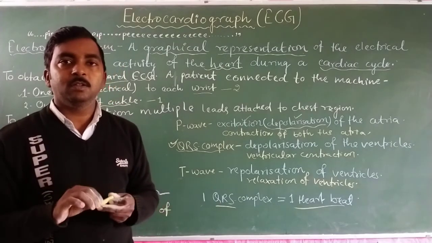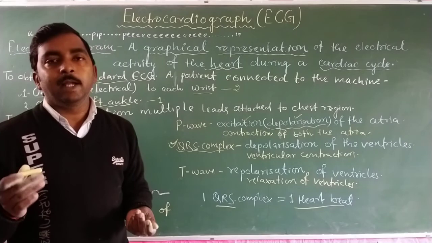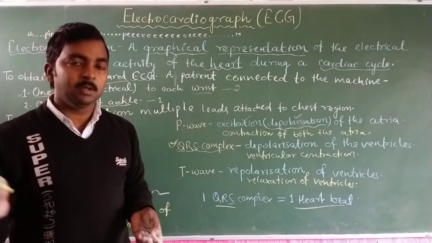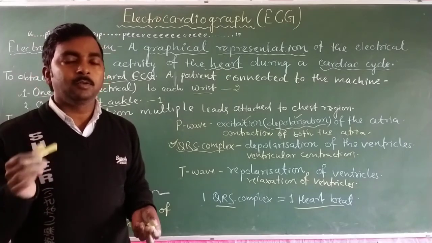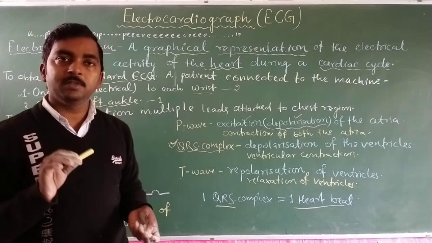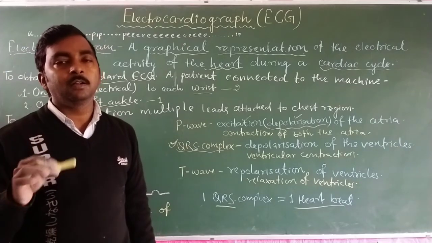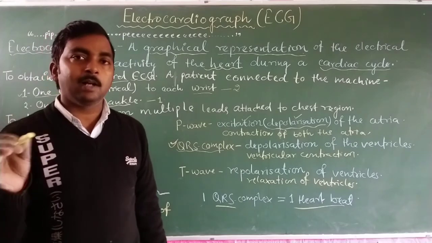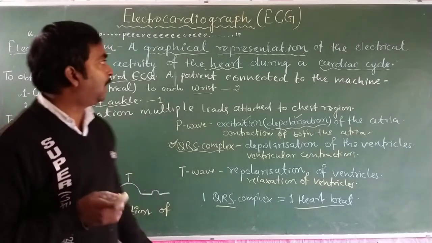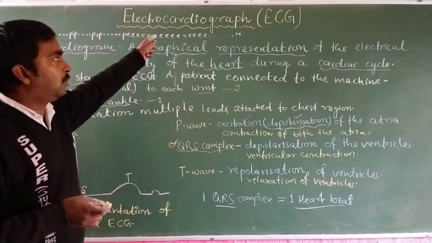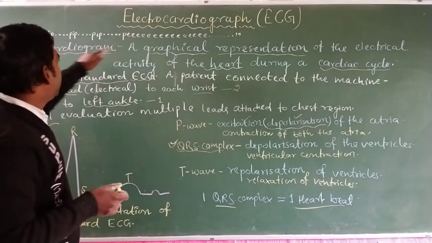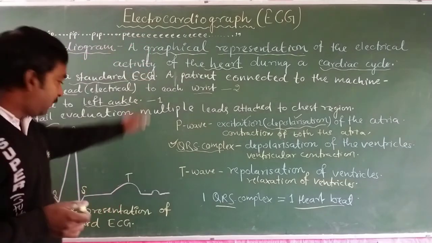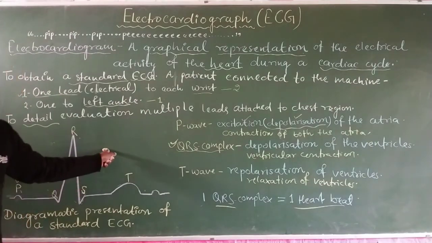Using this information, the doctor can diagnose a number of diseases related to our heart, because this diagram only represents our cardiac activity. So this is all about the electrocardiograph, which gives us the electrocardiogram in the form of a diagrammatic presentation.